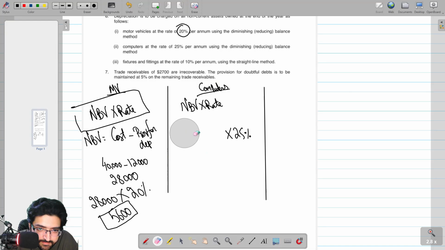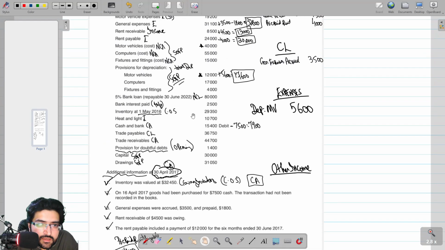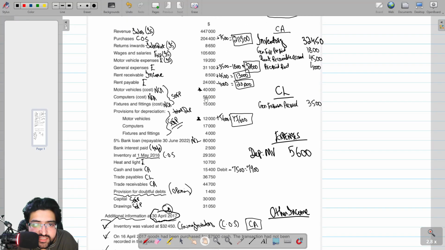One second. Let's find the net book value quickly. Cost of computers is 55,000. As you can see, I'm making double stars on this. This is the amount, 55,000. And its depreciation till now is 17,000.